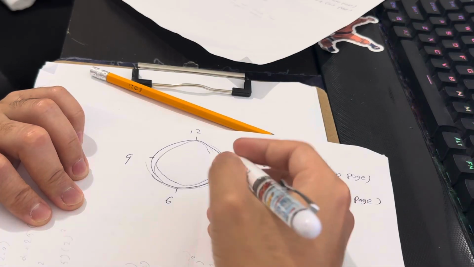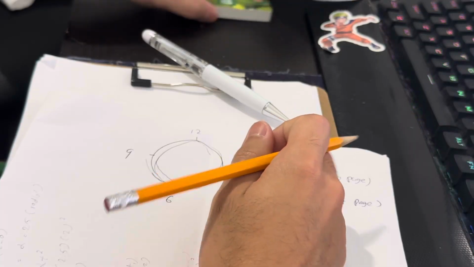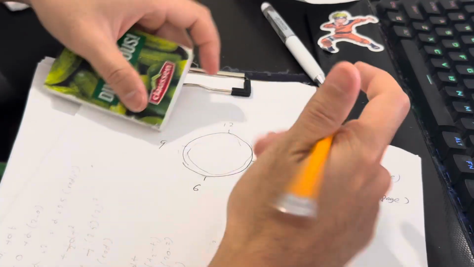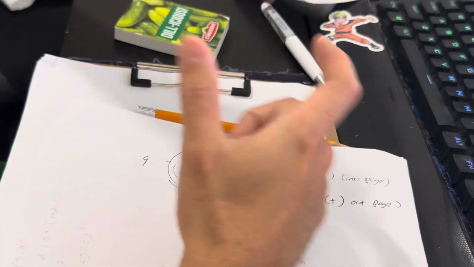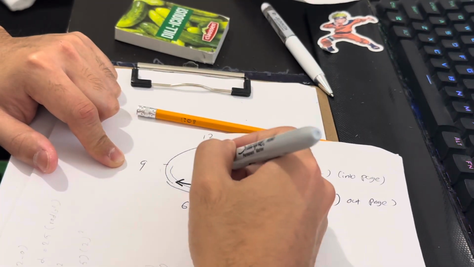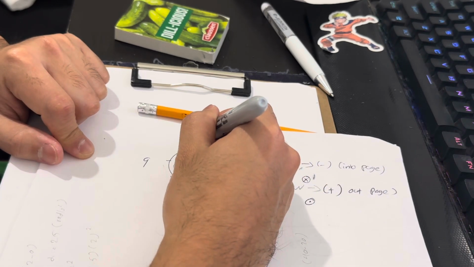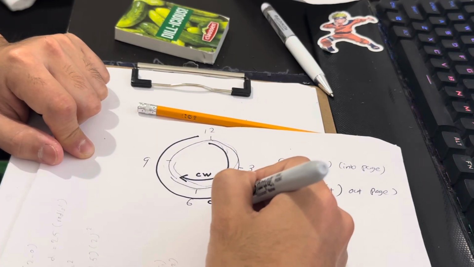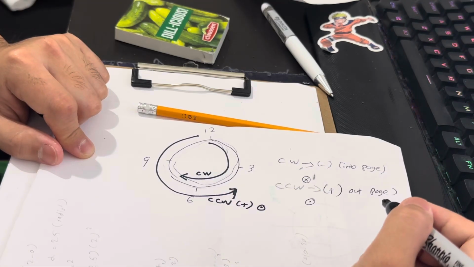Okay, so now I'm going to show a very easy way. If it goes like this, it is clockwise, and if it goes like this, it is counterclockwise. Counterclockwise is always positive, the sign is out of the page.